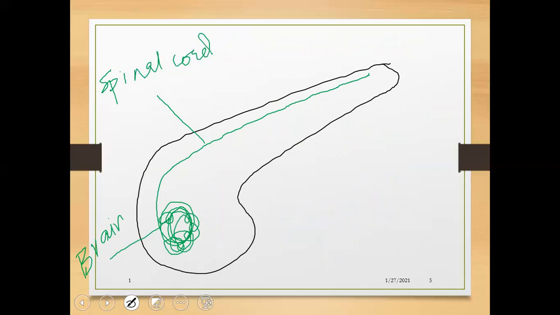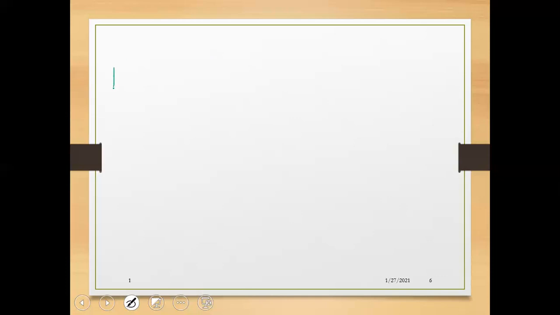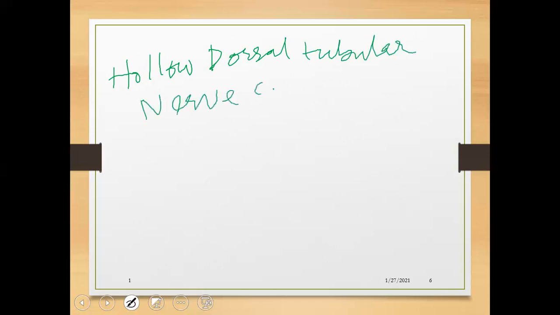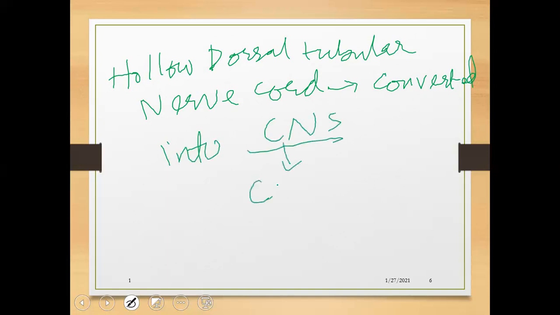So the hollow dorsal tubular nerve cord is converted into the CNS, the central nervous system.